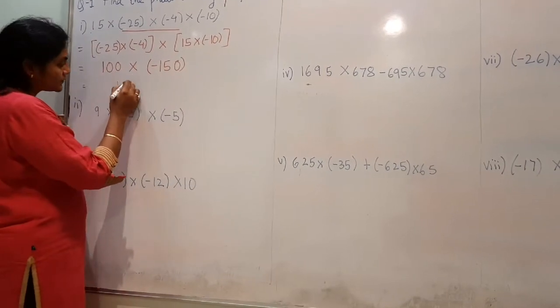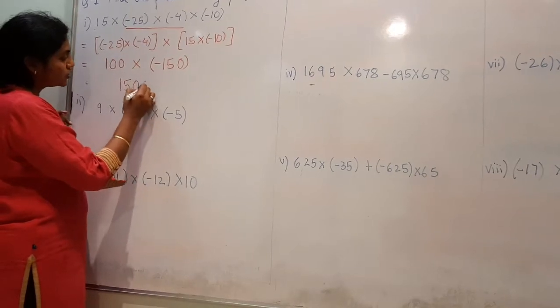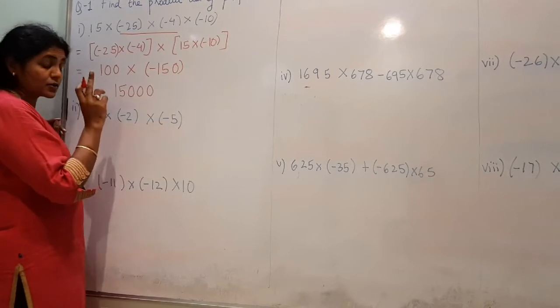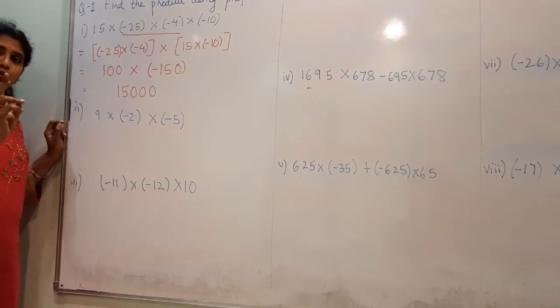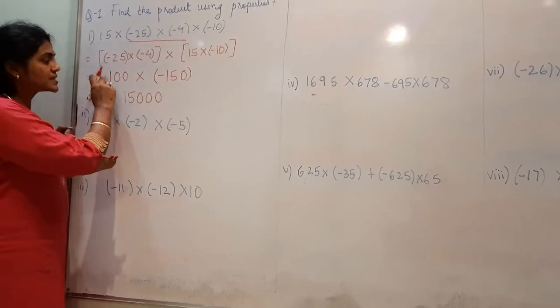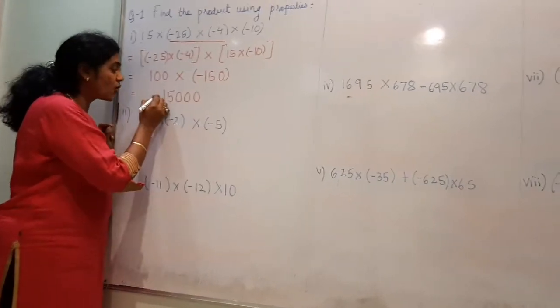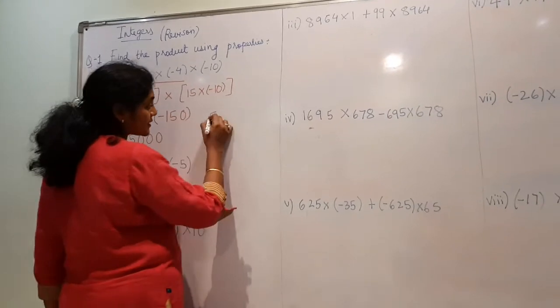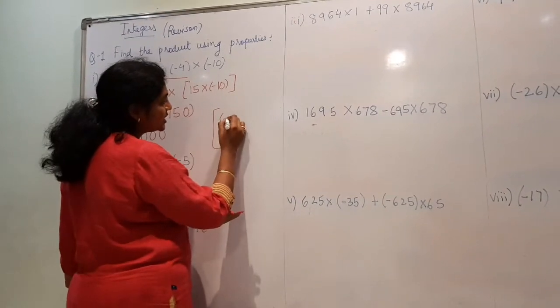100 into 150 is 15000. Answer, don't forget to write the sign. Plus into minus is always minus. So again I am revising the concept of multiplication.